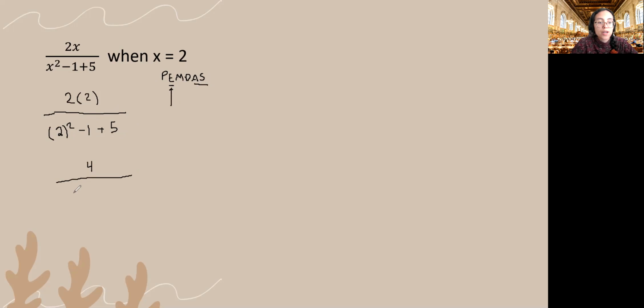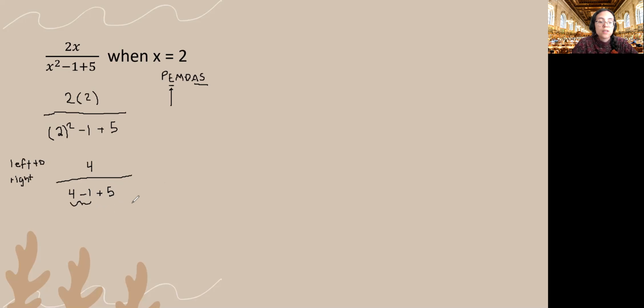So 2 squared is going to be 2 times 2, which is 4. And I want to make sure I write everything exactly as it's written up here. Okay, so now I have subtraction here and addition here. So we're going to use the left to right rule. So we're going to start on the left and work our way towards the right. So that means we're going to start here.